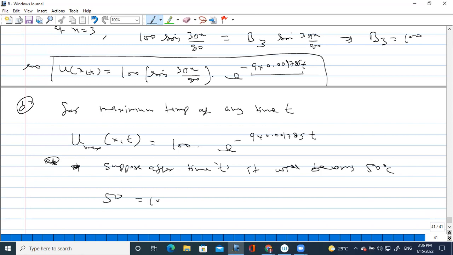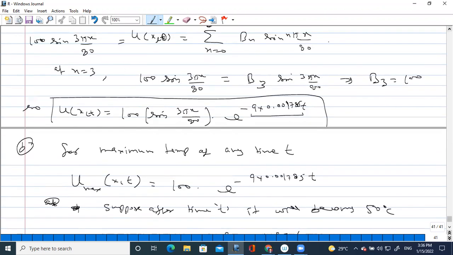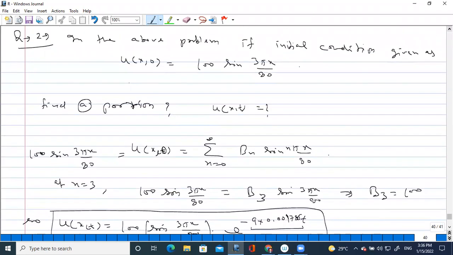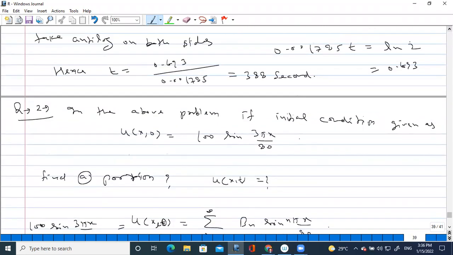So 50 will be 100 e to the power minus 9 into 0.001785 into t. So like this we will do everything. So t will finally be 0.693 divided by 9 into 0.001785. So whatever the answer was, divide 388 by 9, then you will get the answer.